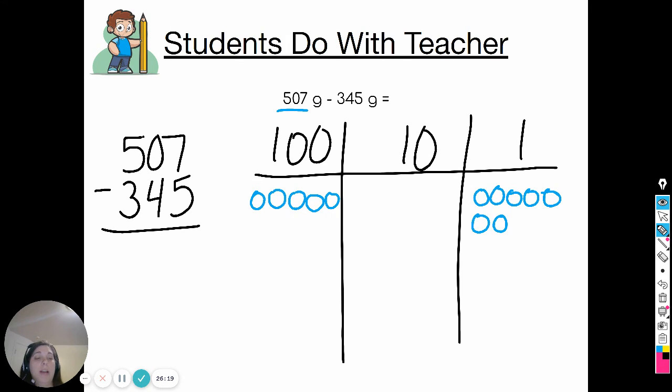Now we're going to start subtracting. So we need to take away 345. Step 1, start in the ones. So we're going to do 7 minus 5. Okay, so over here in the ones we have 7. Let's take away 5. 1, 2, 3, 4, 5. That leaves us with 1, 2. So 7 minus 5 is 2.